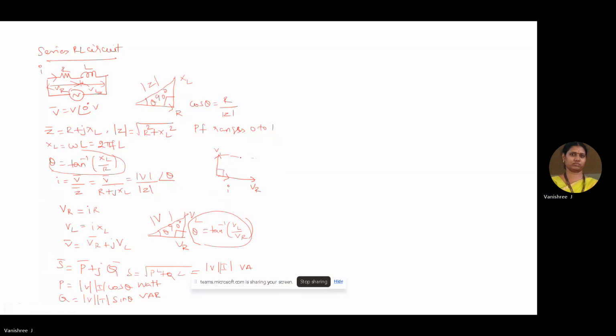Then the supply voltage is the resultant of VL and VR. The angle subtended between the supply voltage and the supply current is taken to be theta. So this is the phasor diagram for the series RL circuit. Then coming to the series RC circuit.